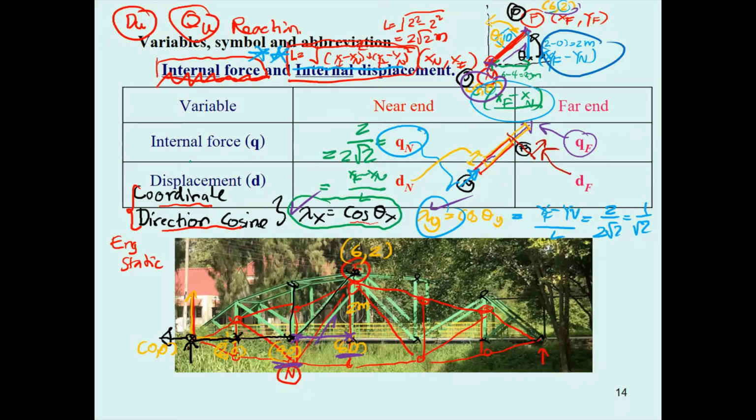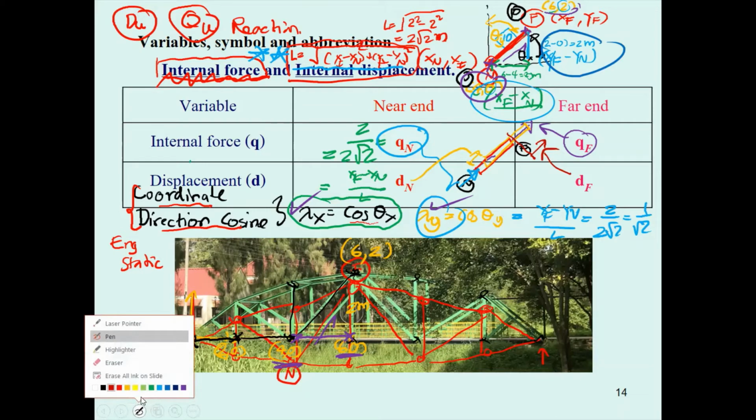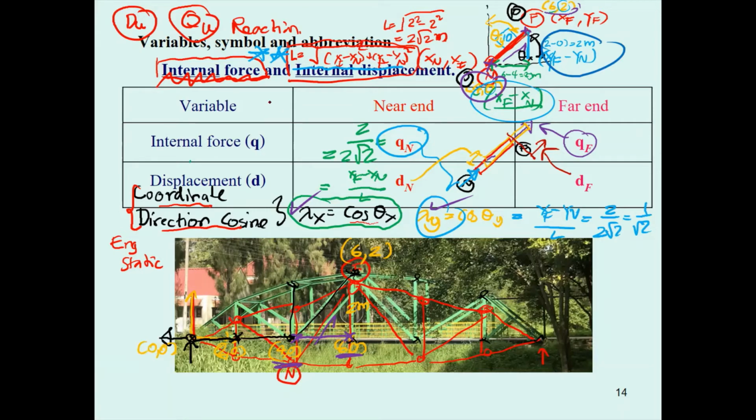Based upon this, when you do the computation, the force Q sub N, Q sub F is going to be equal to the stiffness of the member times the displacement that occurs here, the displacement at N and F.